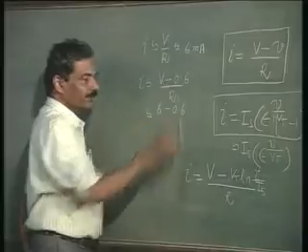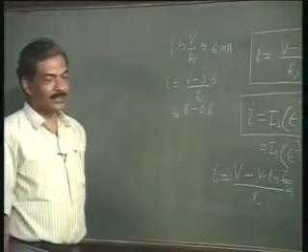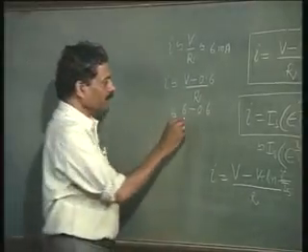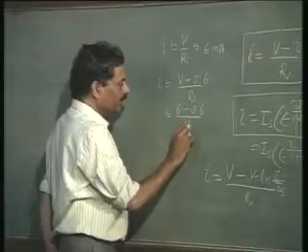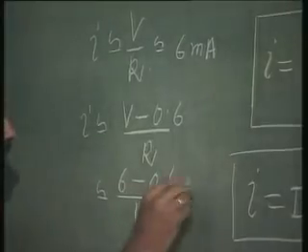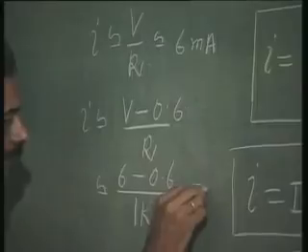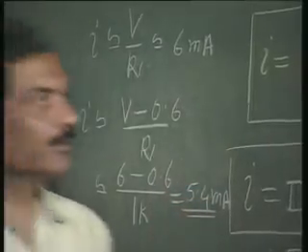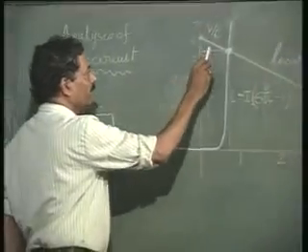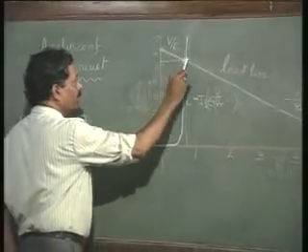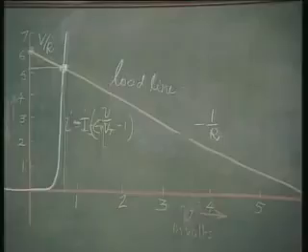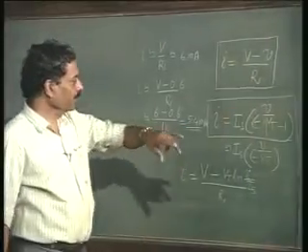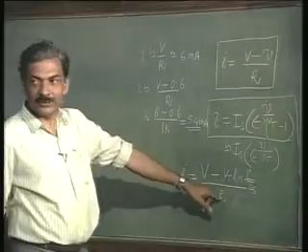I am arbitrarily assuming that it is between 0.5 and 0.7, which is 0.6, divided by 1 K, which is equal to 5.4 milliamperes. So, this is what you are going to get, very nearly 5.4 milliamperes is the current, which you will get more exactly if you draw the graph or solve it using this equation.